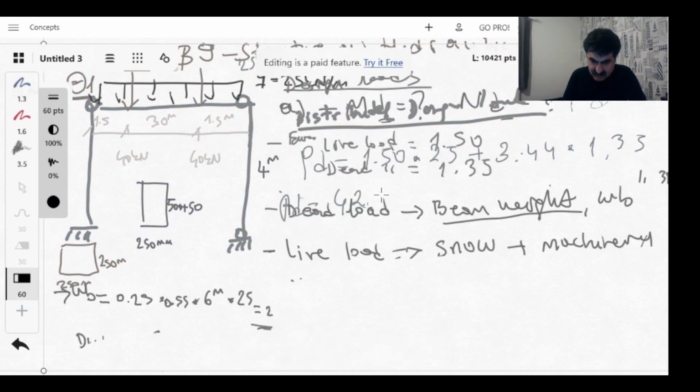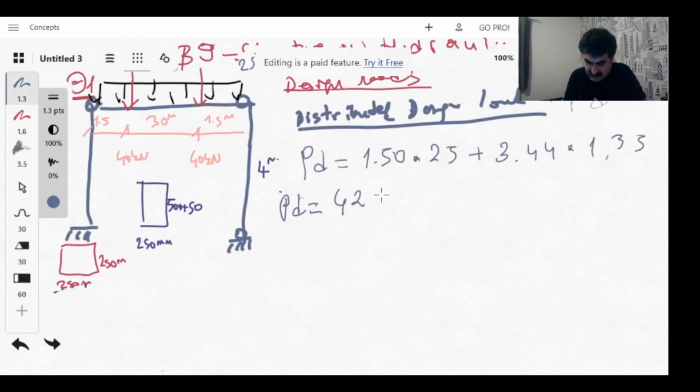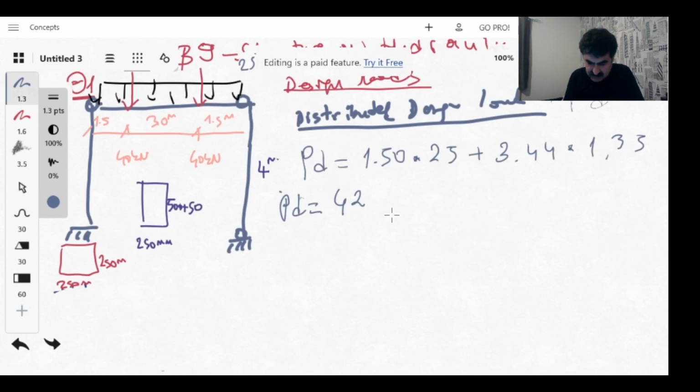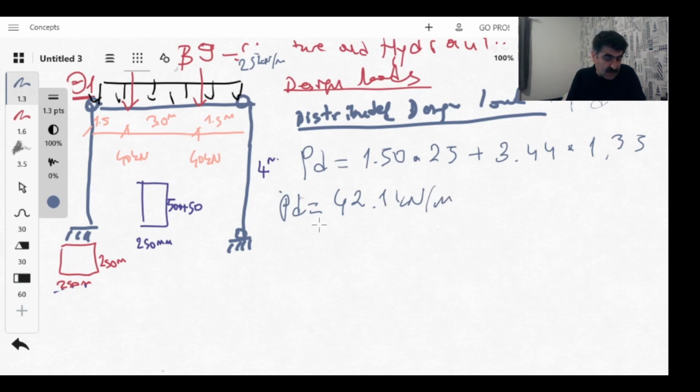42.1. Yes, 42.1 kilonewton per meter distributed design load. I call it PD. But we have a point load as well. So the design point load equals 1.5.